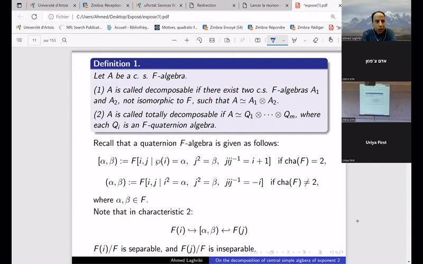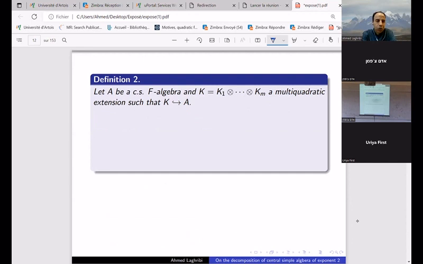Now I arrive at the definition, which is at the center of our talk. We take a central simple F-algebra A, and a multi-quadratic extension K such that it is contained in our algebra.